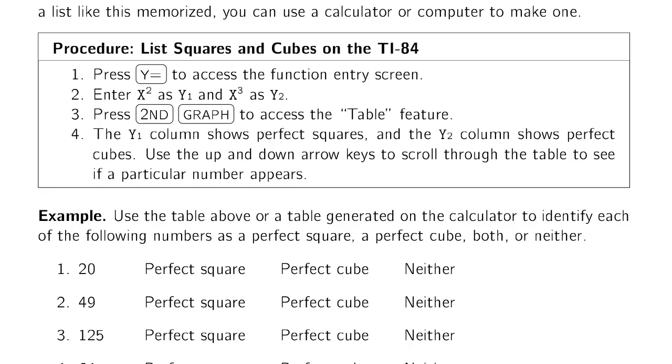In order to make a list of perfect squares, we'll hit y equals on the TI-84 and enter x squared as y1. To get a list of perfect cubes, we'll enter x cubed as y2. We can continue on and get higher powers of x if we want. And then we'll hit second graph to access the table feature.